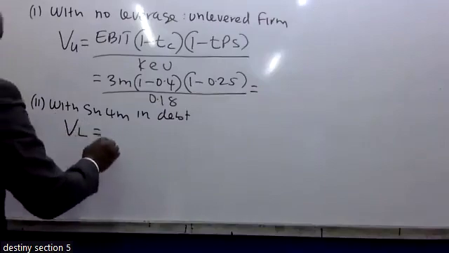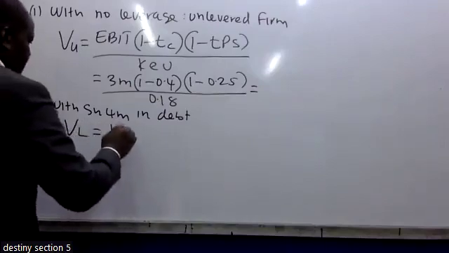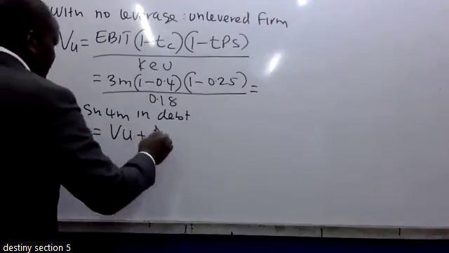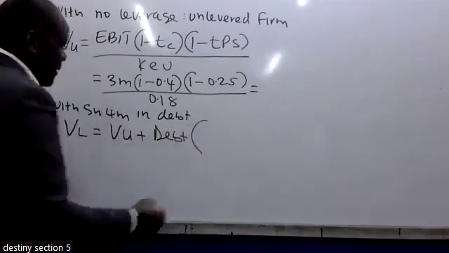So the value for the levered firm is supposed to be given by value for unlevered, then remember this part.